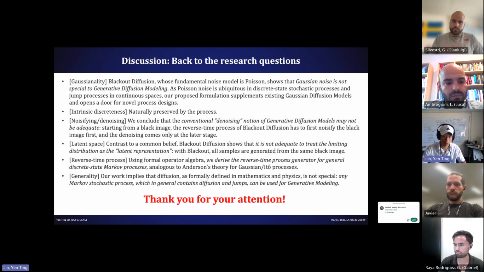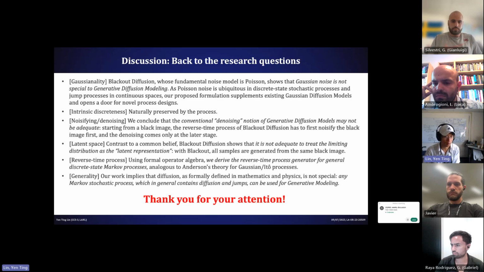And so it formally opens a door that you can start to design the processes, and basically you can have the same sort of generative diffusion model in the reverse pass, and then you can ask a neural net to learn it. And so in some sense, if we want to be really creating the hype, we should say any Markov stochastic process you can use for these kinds of generative, quote unquote, diffusion models.